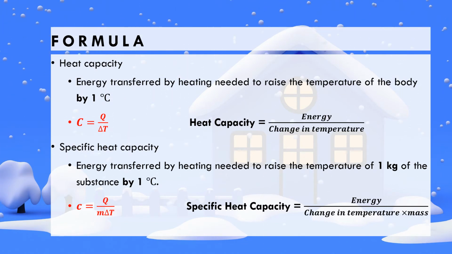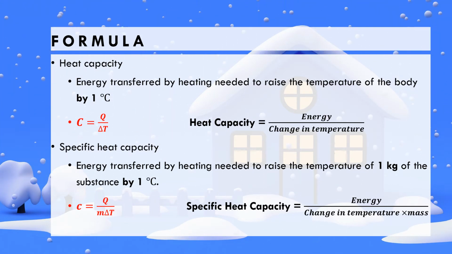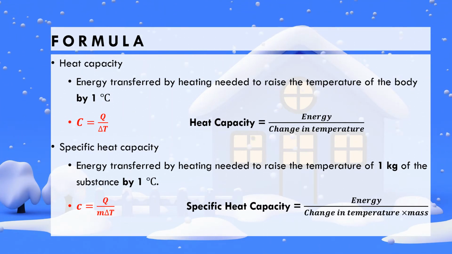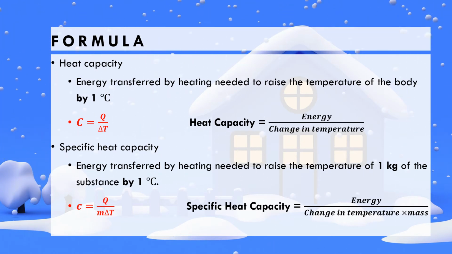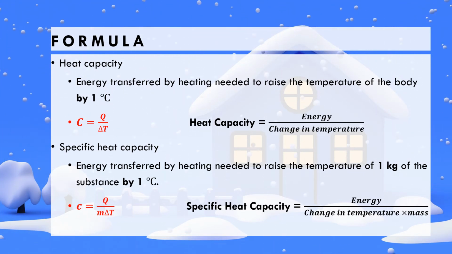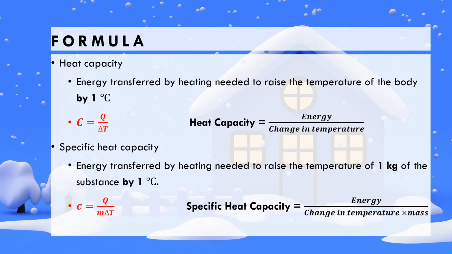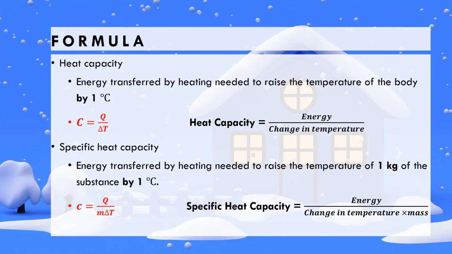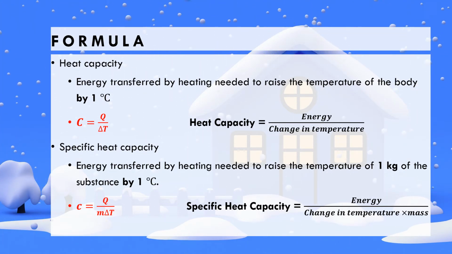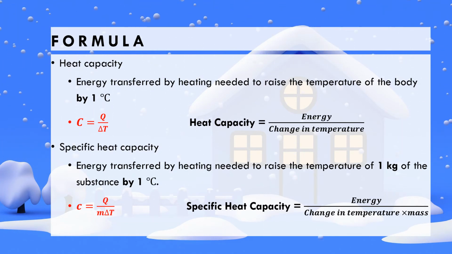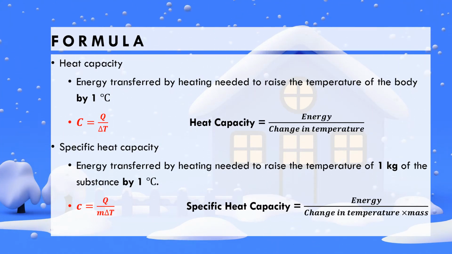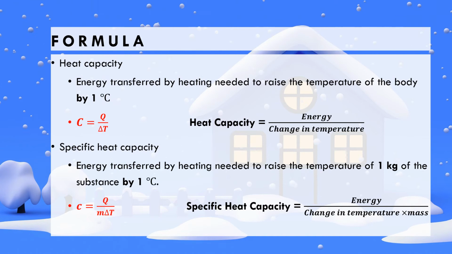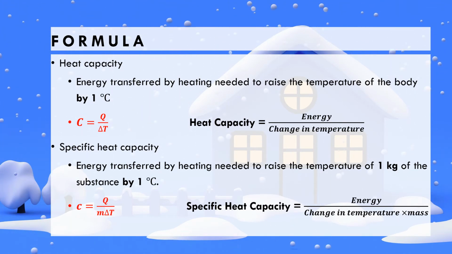It is the energy transferred by heating needed to raise the temperature of 1 kg of the substance by 1 degree Celsius. Therefore, the specific heat capacity is like energy needed per 1 kg per 1 degree Celsius. So the formula is c = Q / (m × delta T): the specific heat capacity equals the energy divided by the change in temperature divided by the mass.